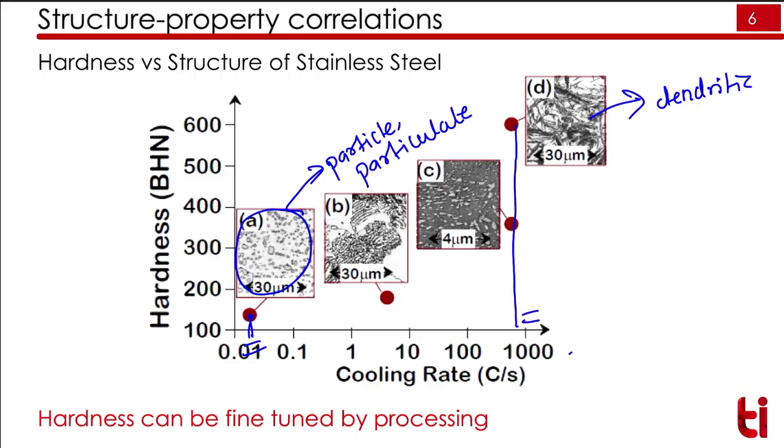If you cool it very fast, such as 1000 degrees centigrade per second, the grain size becomes very small because the atoms will not have time for rearrangement, and due to that there is a drastic change in the hardness value. Here the hardness is only around 130, here the hardness is around 590 BHN. So again the material is the same, we have only processed it differently and the properties have drastically changed.